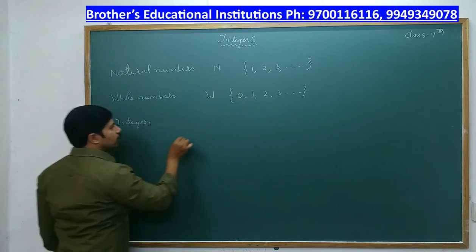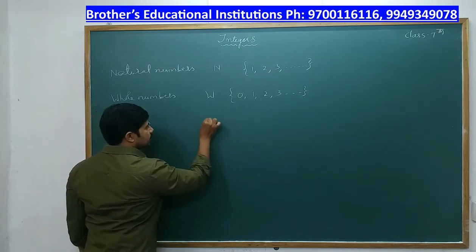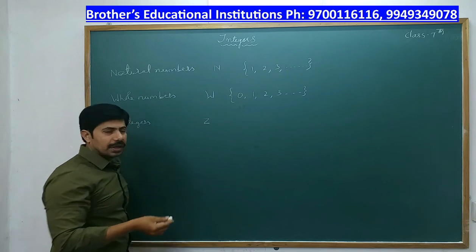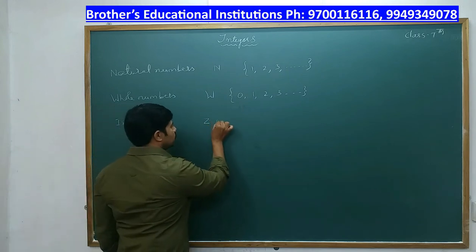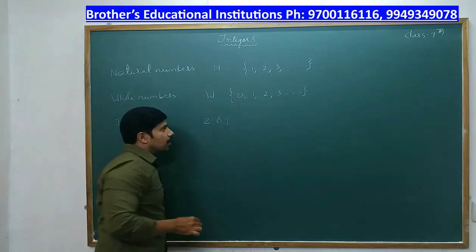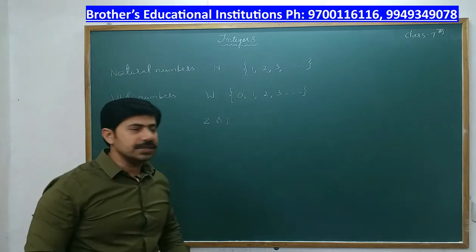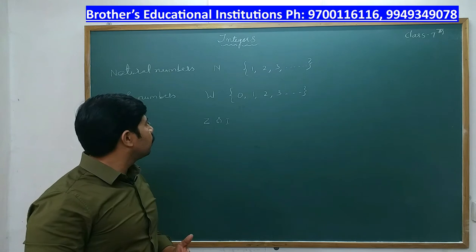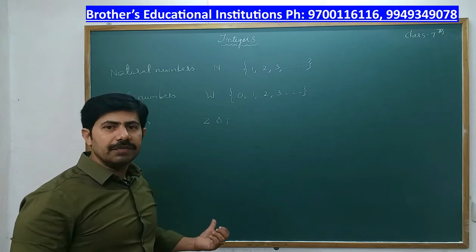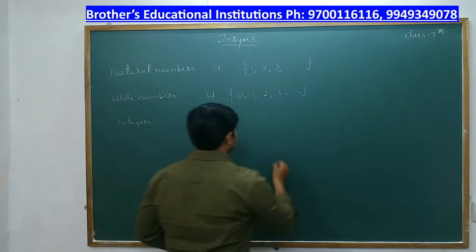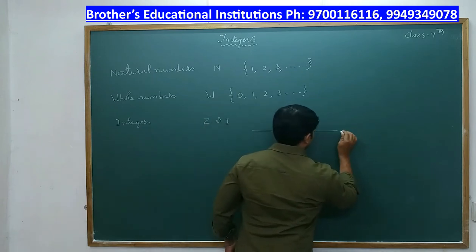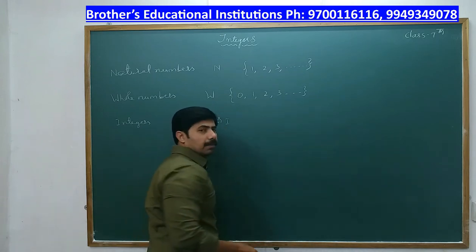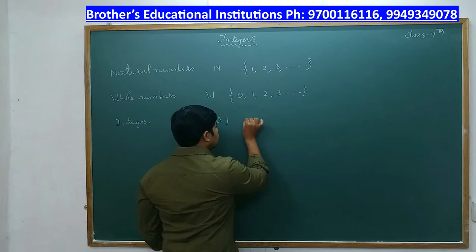Integers are denoted by the letter Z, or in some cases by I. So what are integers? Integers are the combination of whole numbers with negative numbers. See, negative numbers means what?